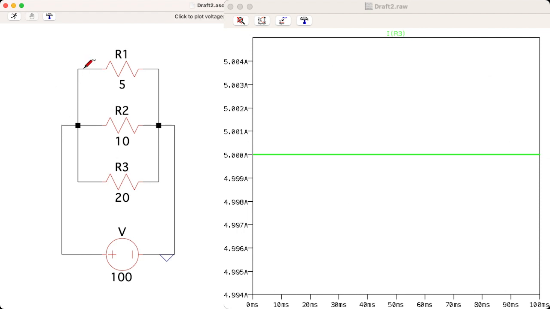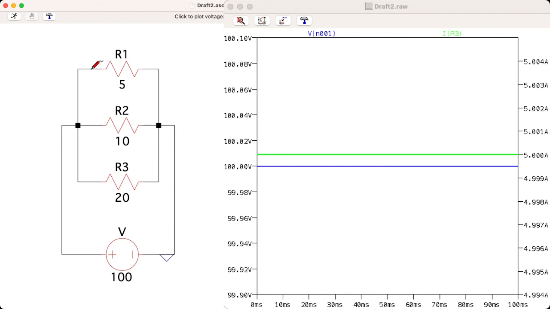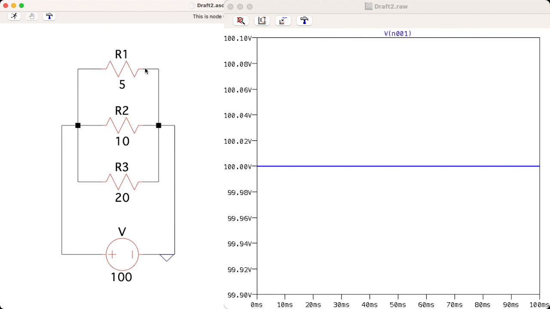So notice that the voltage across R1 is equal to 100 volts. The voltage across R2 is equal to 100 volts. And the voltage across R3 is equal to 100 volts. So each of the resistors connected in the parallel network, connected across a voltage source V, sees the same voltage from the source.